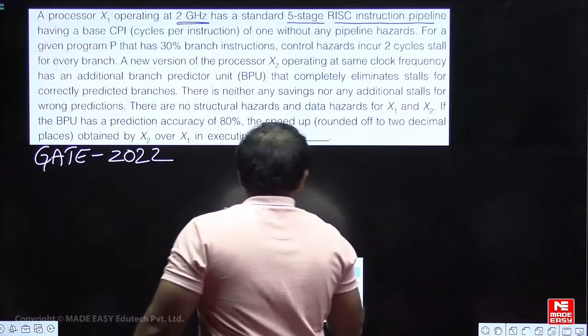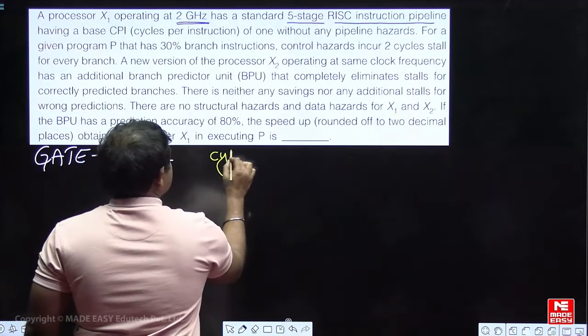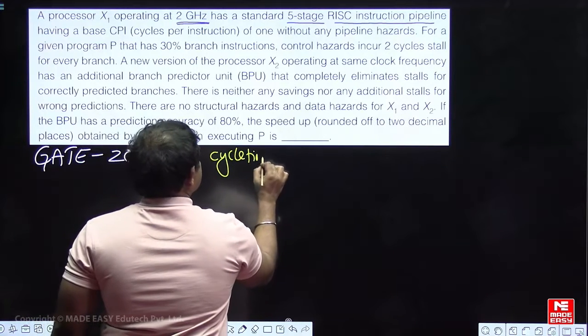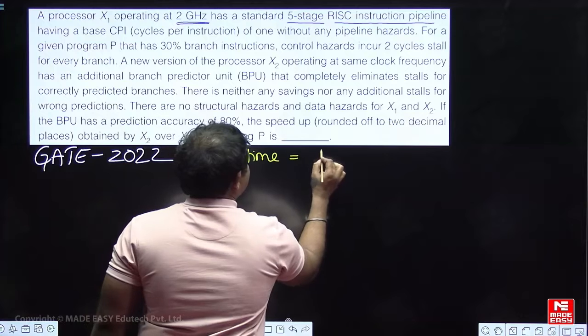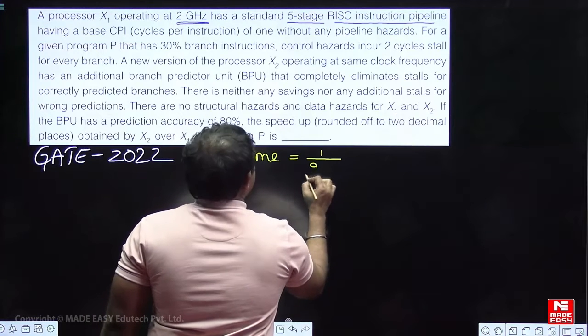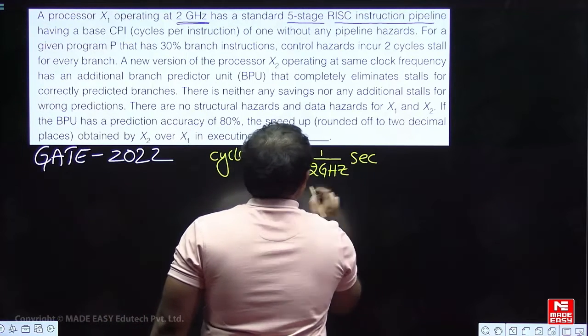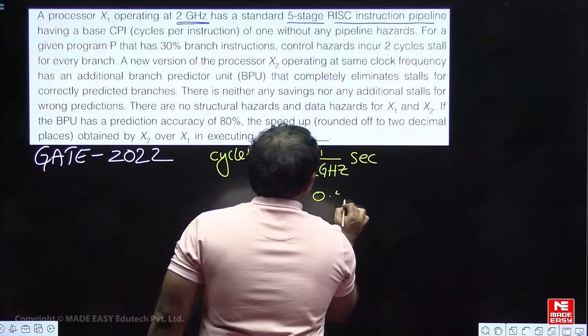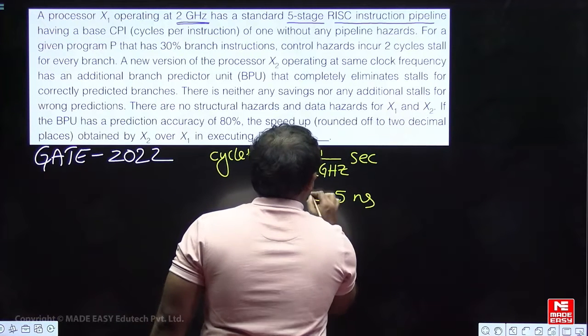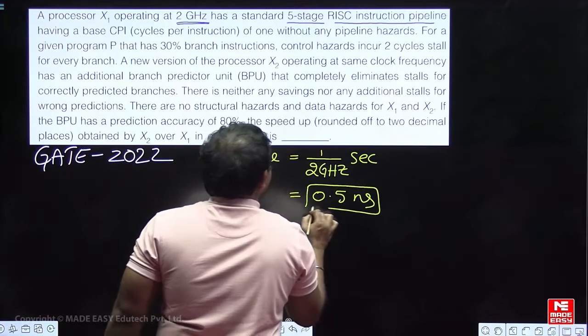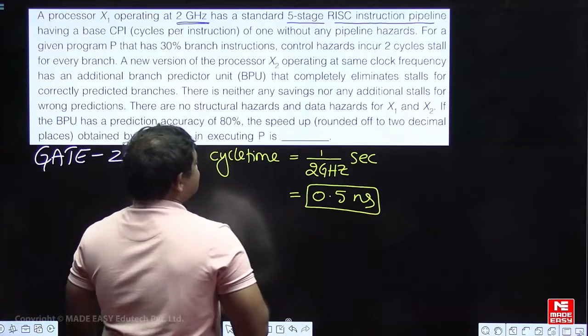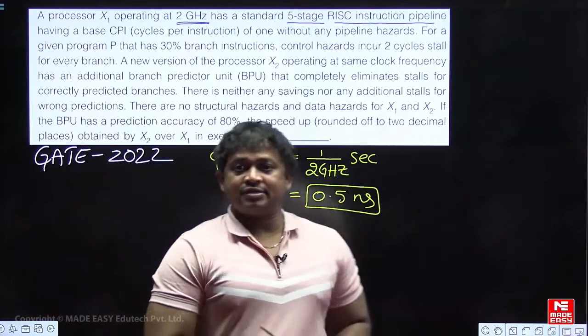Therefore, cycle time of the processor is equal to 1 by 2 GHz seconds, which is equal to 0.5 nanoseconds.